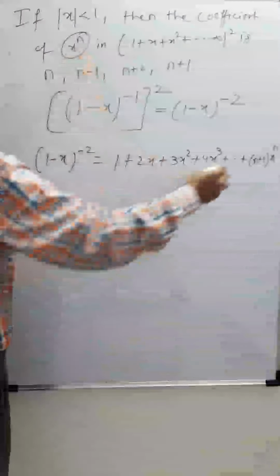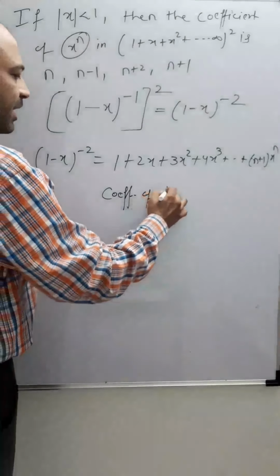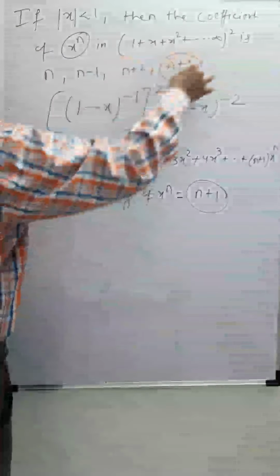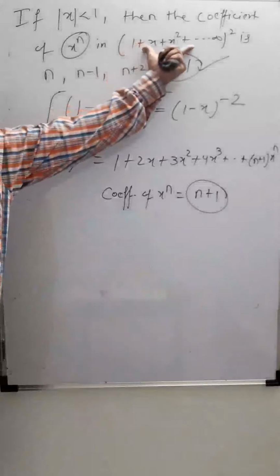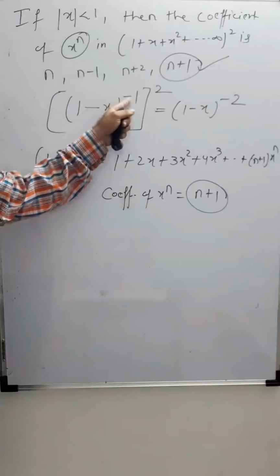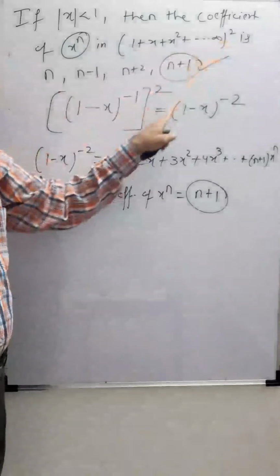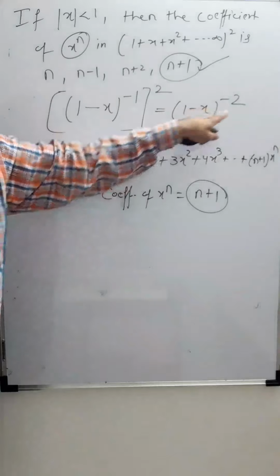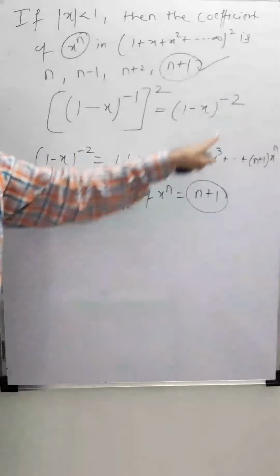So the coefficient of x to the power n we can write as n plus 1. This is the correct one. So there is the first infinomial. We reduced it into this form 1 minus x to the power minus 1 and then again it is whole square. So again it becomes another binomial but with negative power, and we know the expansion of this. This is minus minus, so all plus, and here it is 2.